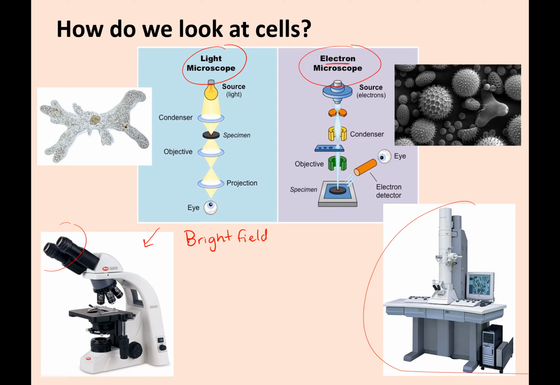So the big difference, and you're going to see examples of this, is that the electron microscope, besides using electrons to create the image and getting greater magnification, gives you much more detail of the sample.